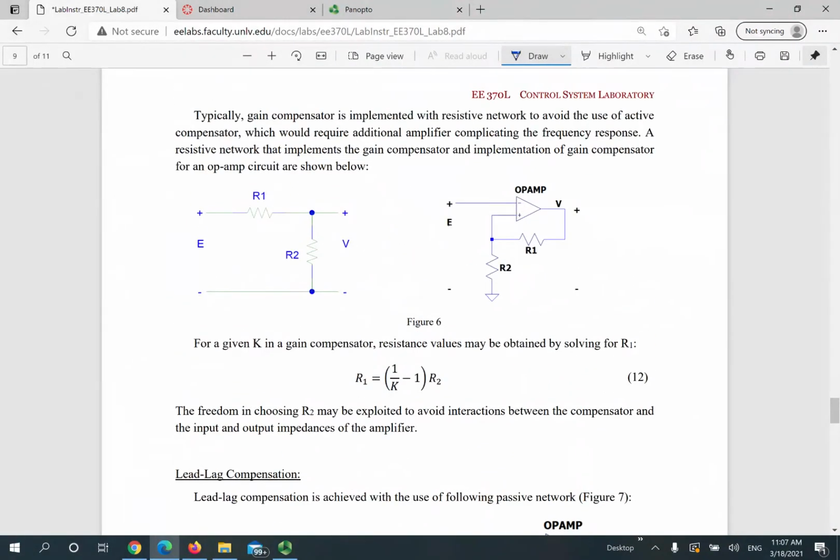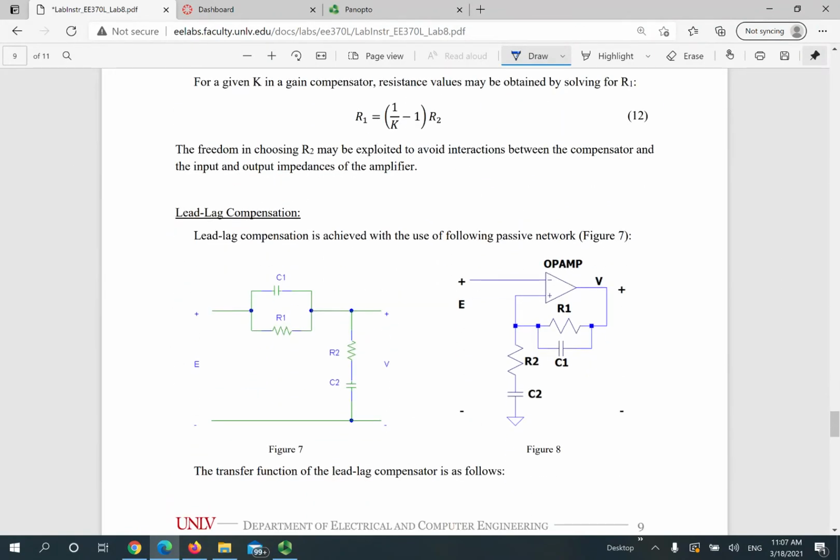We usually use such circuits, either a gain compensator or ones including capacitors, to make the lead-lag compensation. The poles and zeros can be configured by the values of these resistors and capacitors.